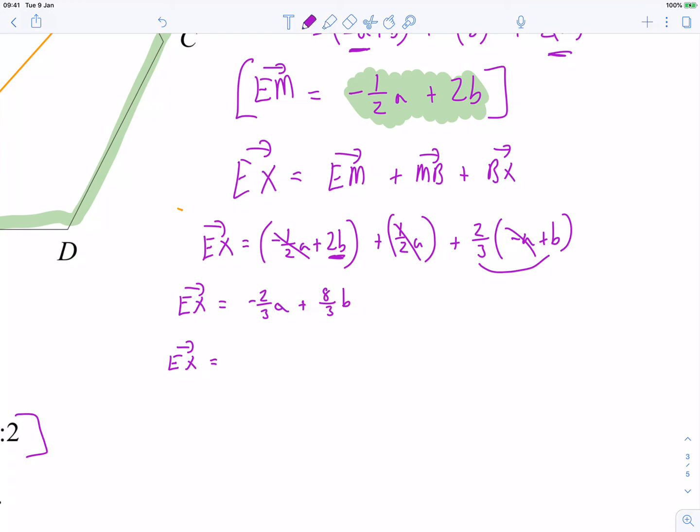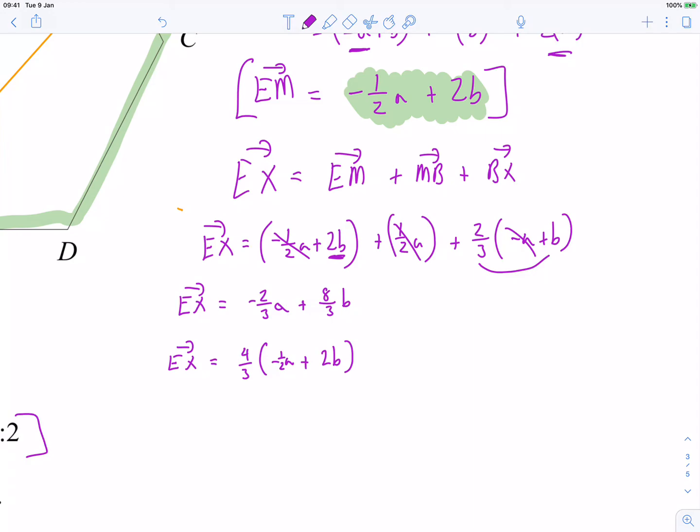If I take out 2/3, so that's 2/3, and this will be minus a plus 4b, I need to divide this side by 2, so that needs to be a 4/3. So if I make this a minus half a, and this becomes a 2b, then this needs to be a 4/3, and then that works out. Because 4/3 times minus a half is minus 2/3, and 4/3 of 2 is 8/3.